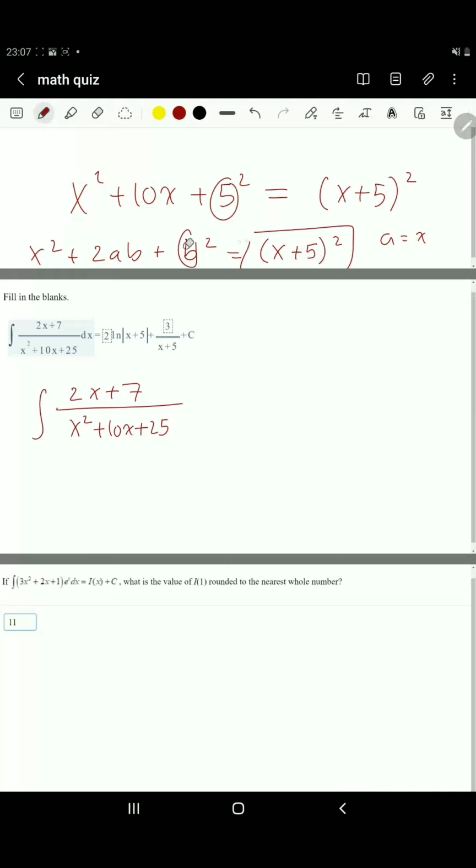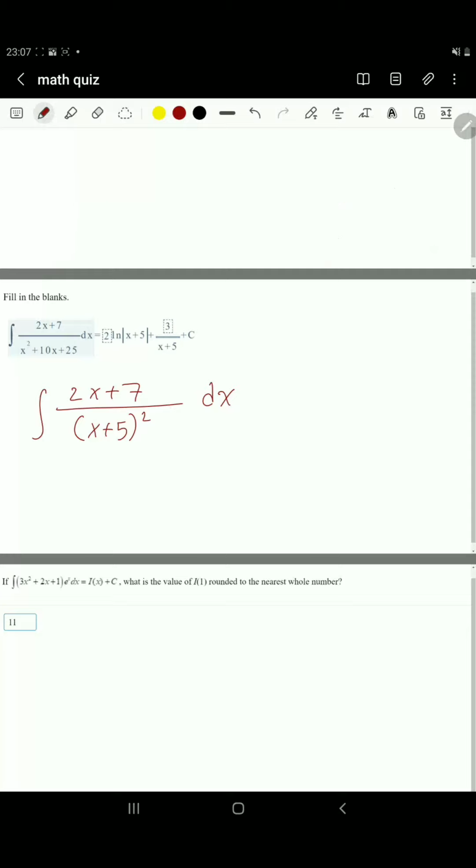So there we go, it's proven. 2 times 5 is 10x. And there you go, 5 squared, 25. We got the exact same thing. So this whole thing is just x plus 5 all squared, dx, of course.